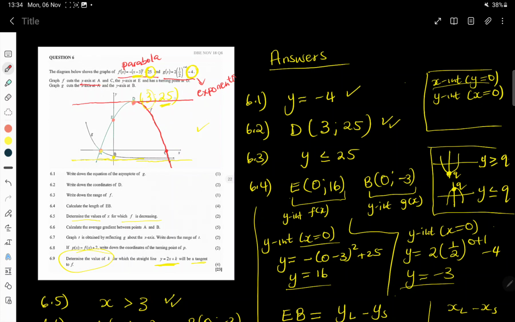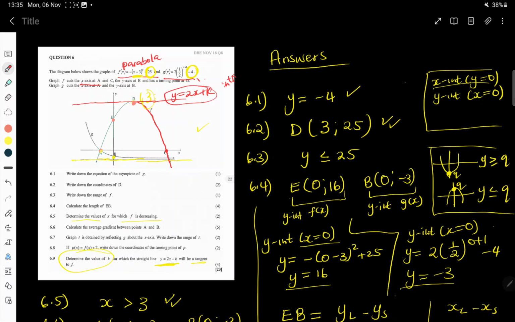So they mean y is equal to 2x plus k. This is the equation of a tangent. It touches this at one point. So it means it's a point of intersection for both the graph of f and that equation of a tangent.